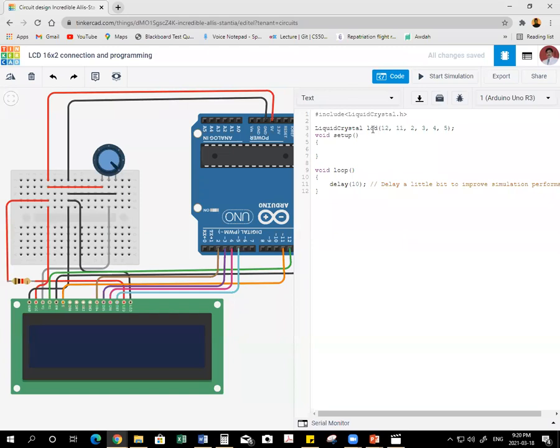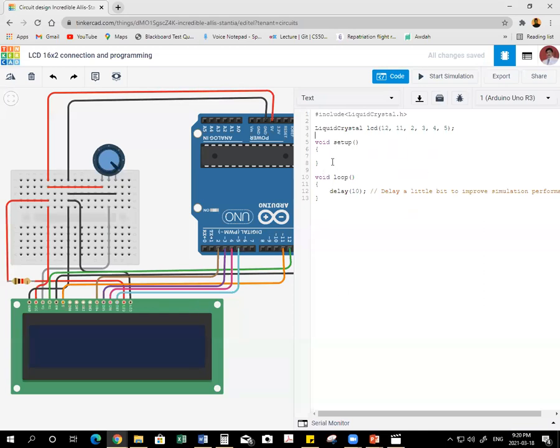So this is about the pins. 12 is register select, 11 is enable. Read write is given to the ground. Next we will give the 2, 3, 4, 5 pins from lower to higher: D4 data pin, D5, D6, D7, like that.